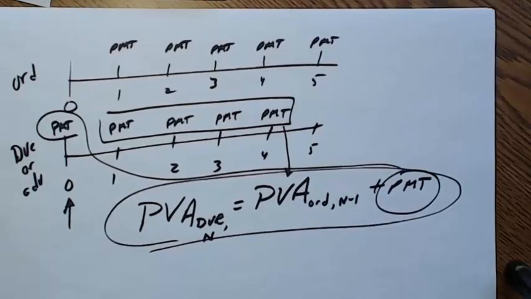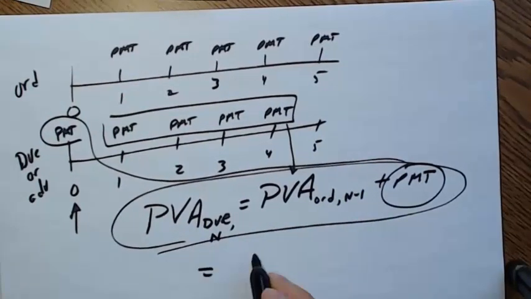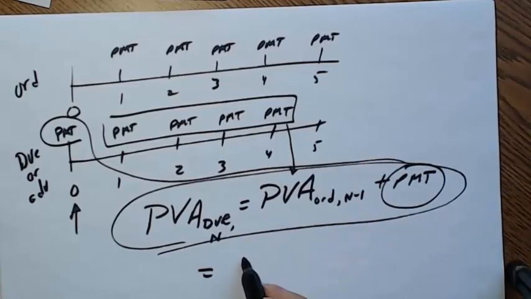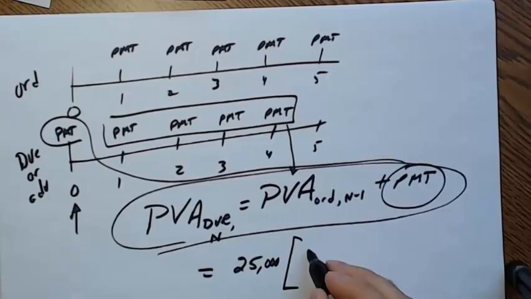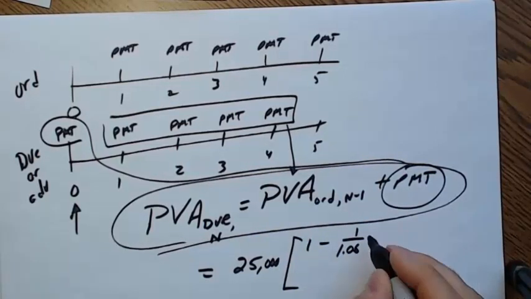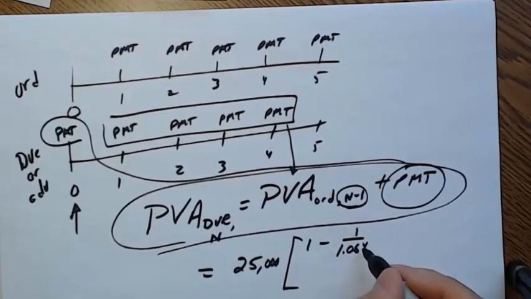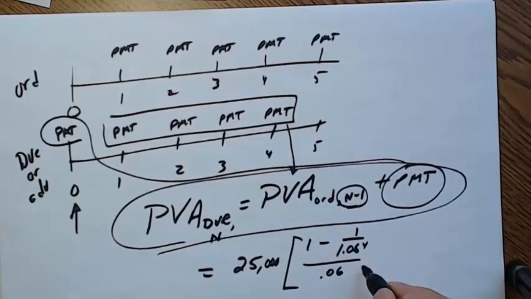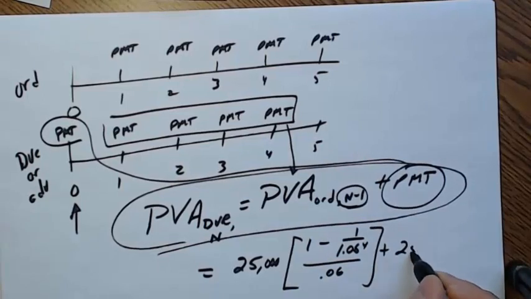So when you do that, and you put this into your calculator, or let's actually work this before we go any further. So this will be 25,000 times the present value factor for n minus 1, which is 4.06, plus 25,000 gives me 111,627.